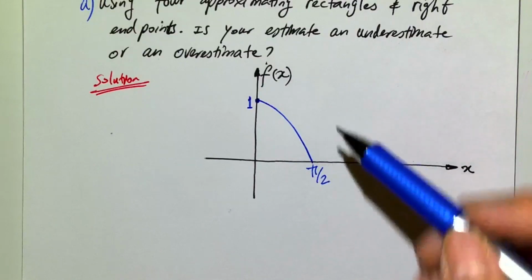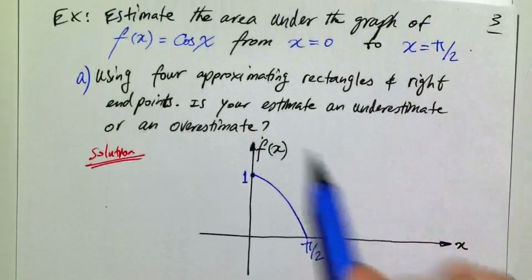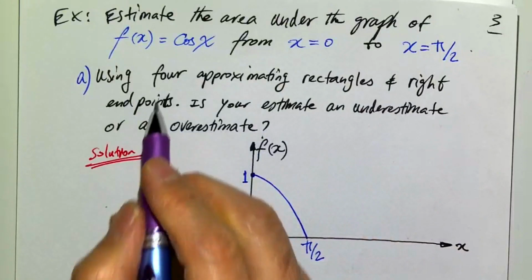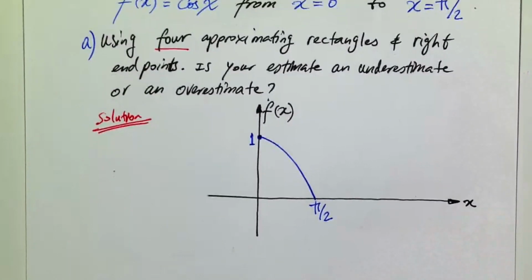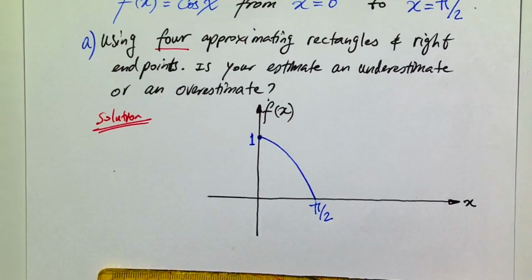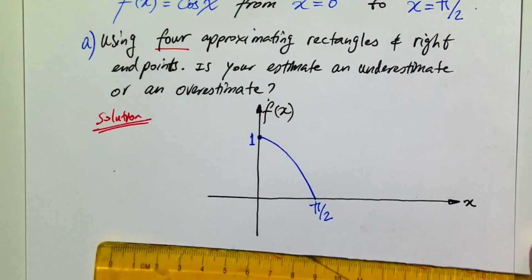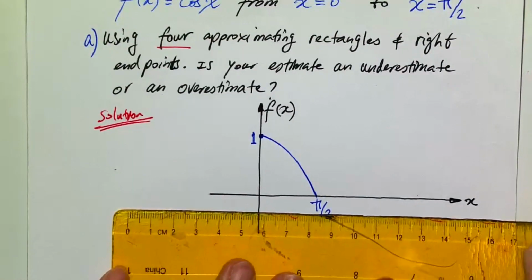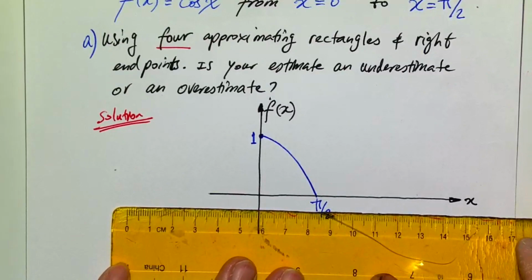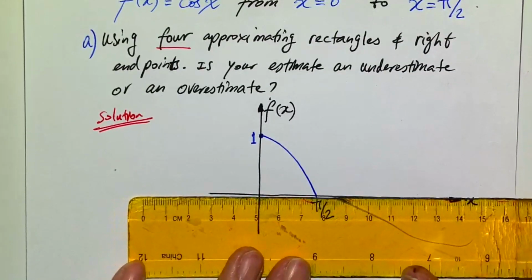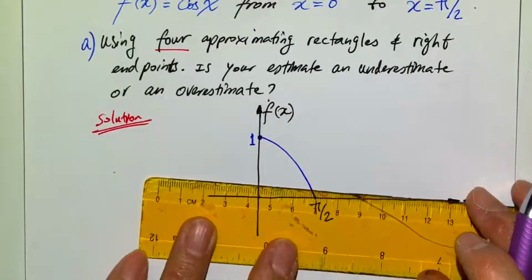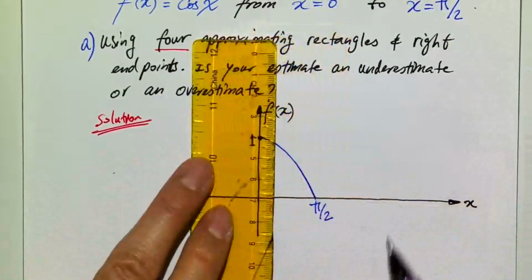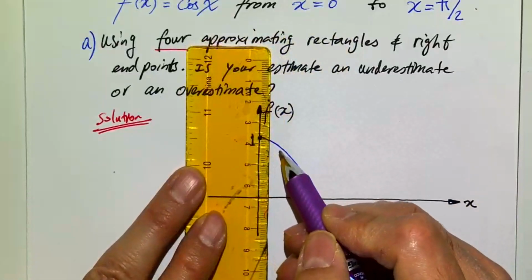And we want to, they say, use four approximating rectangles, right? So we're going to stick with that. So what I'm going to do is try to break this up into 4 rectangles. And we want the right side here to be on the curve.